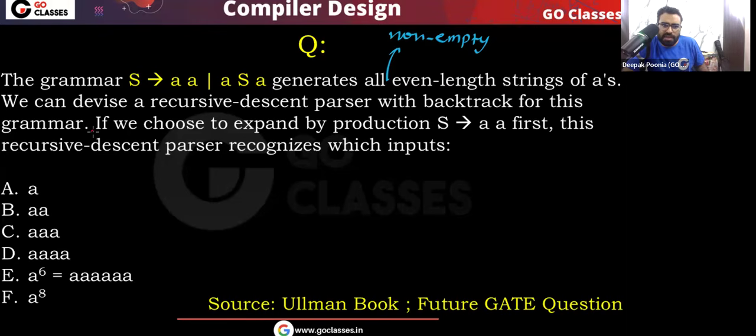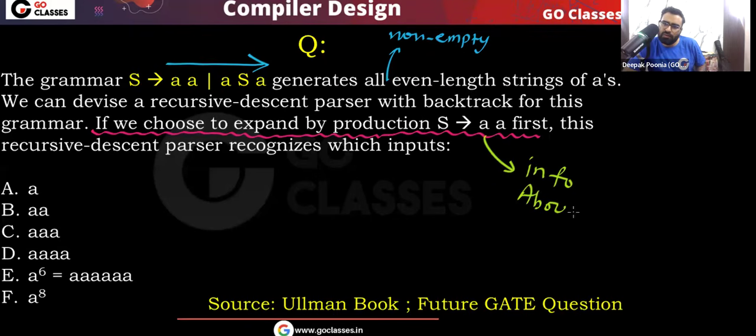The question is saying that if we choose to expand by production S going to AA first, it means this order is given to you: when we try the productions for S, we will try them in this order. This is info about the order of productions, and that info is given here.